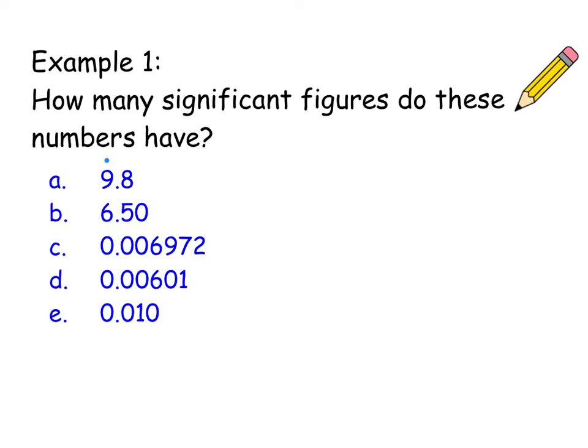So this has just got 2 significant figures. Okay. The second one has got a 6 and a 5. That 0 at the end, think of that as your money question. That 0 shouldn't need to be there. That's just 6.5. So because they've put the 0 there, we count it. So that one has got 3 significant figures.